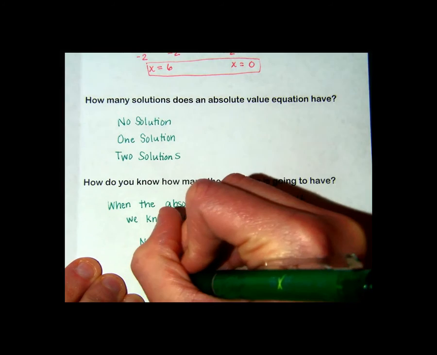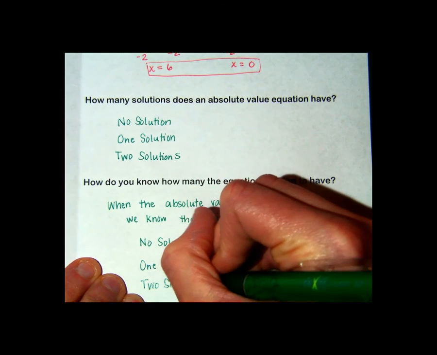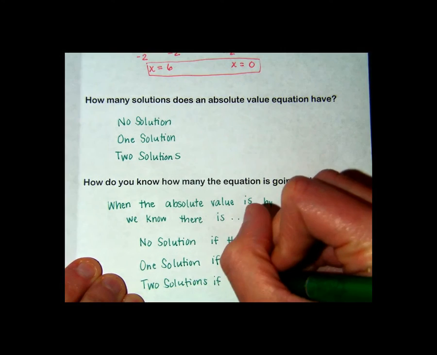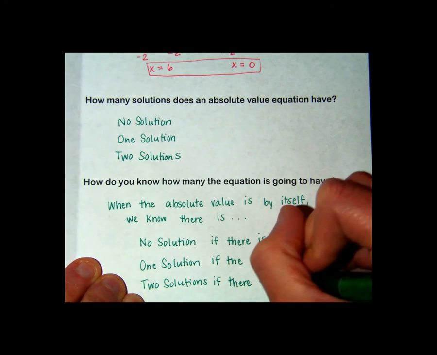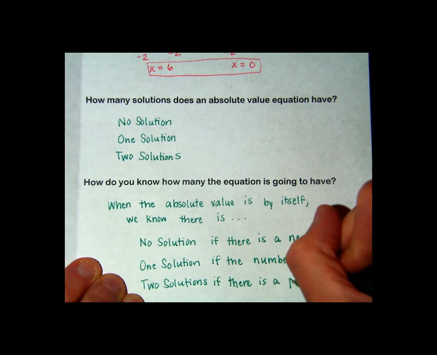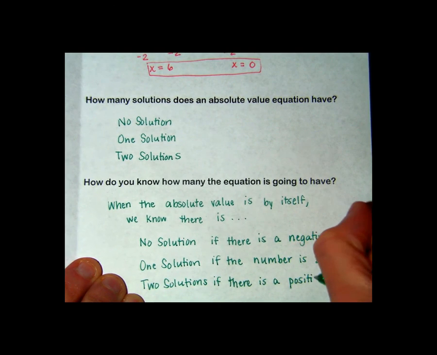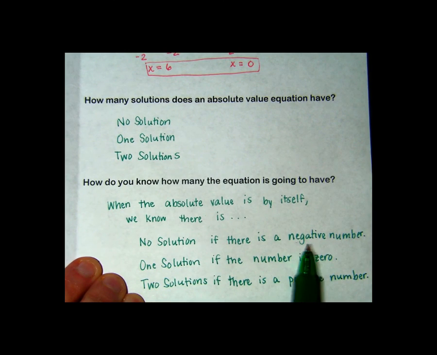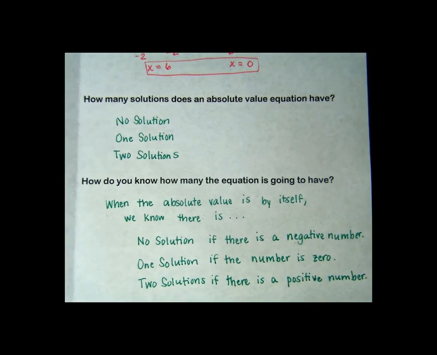And we know there are two solutions if there is a positive number. This is a good reminder so that you do not do extra work and solve for something that is not possible.